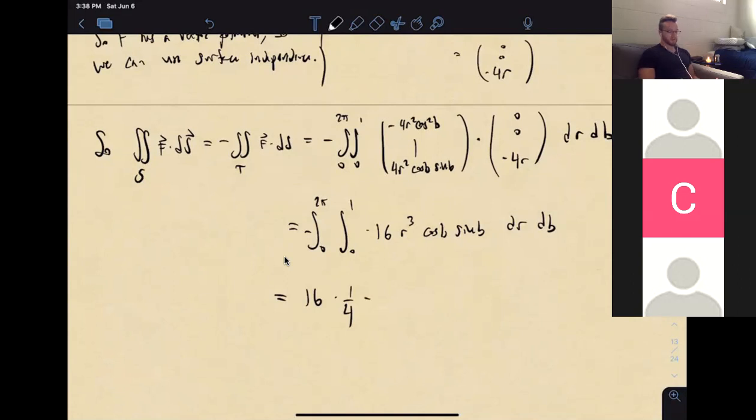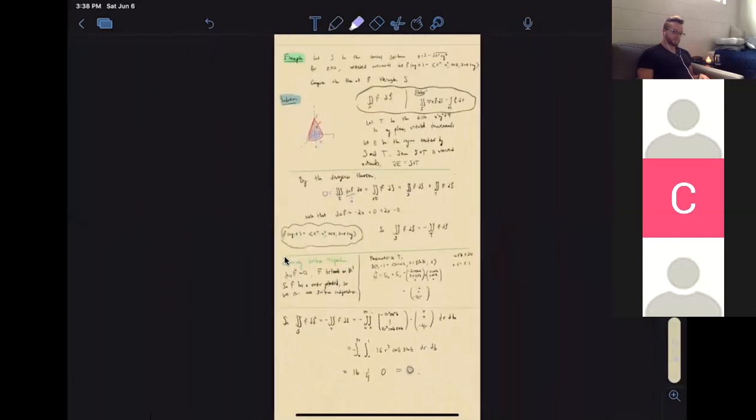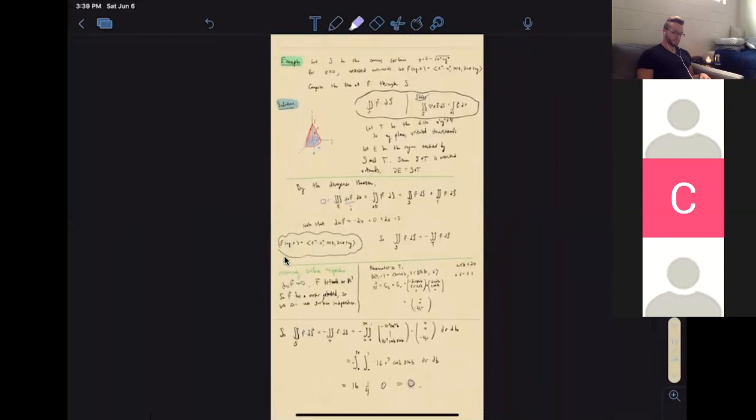Oh, I guess we get 0, right? I think you get 0 in the end, since we're integrating from 0 to 2 pi. Nice. All that work to get 0 again. When in doubt, the answer is probably 0.